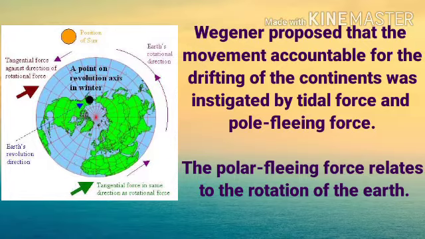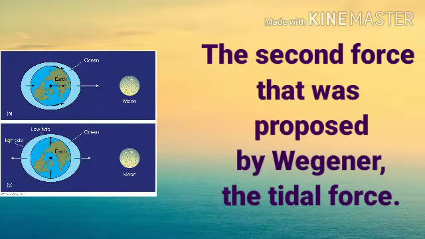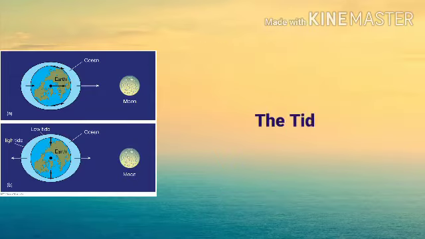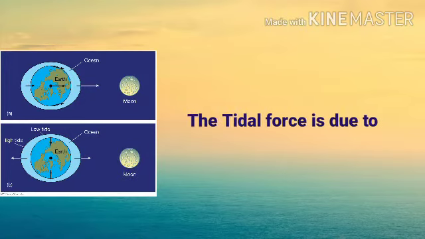The polar fleeing force is related to the rotation of the earth. This bulge is due to the rotation of the earth, and the tidal force is due to the attraction of the moon and the sun that develops tides in oceanic waters.